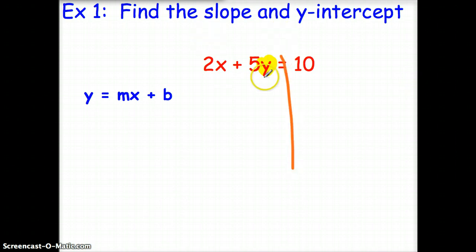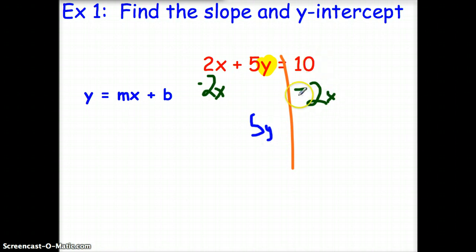So looking at what's happening to y, it is being multiplied by 5, and we're adding 2x. Just as in the last problem, we're going to undo any addition and subtraction first. So to get rid of adding 2x, I'm going to subtract 2x from each side. 2x minus 2x is 0, so I'm just left with 5y on the left.